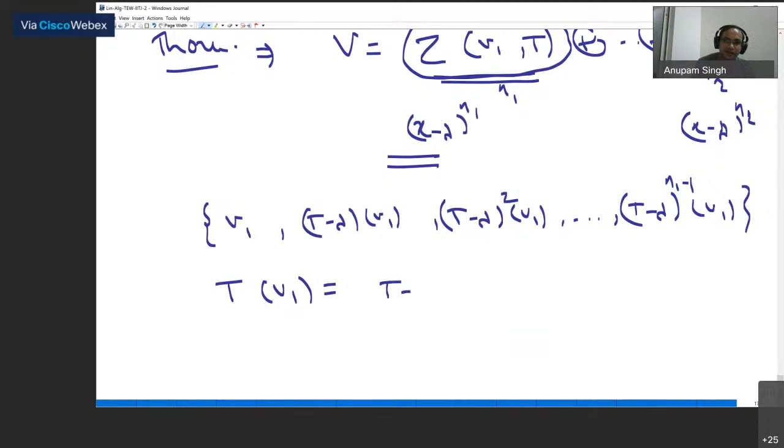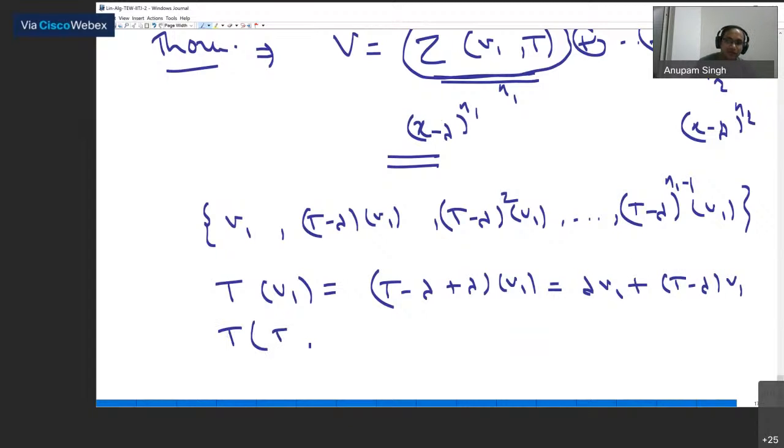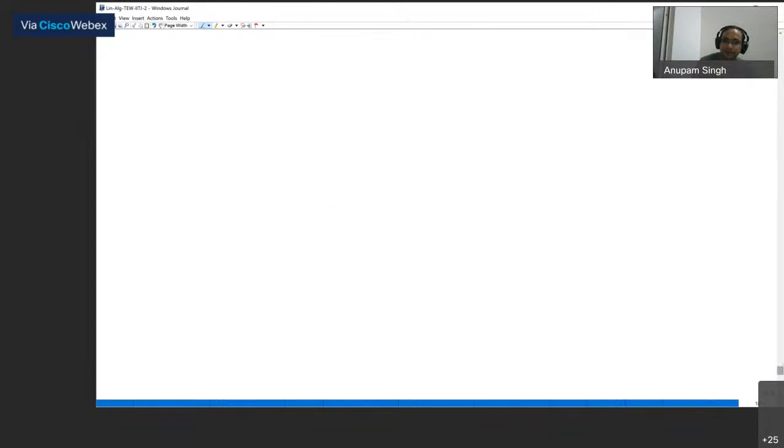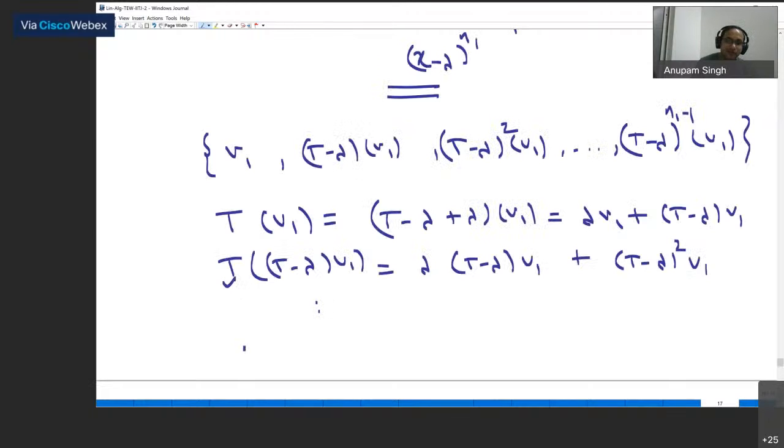So what I do is I write T minus lambda plus lambda of v1, and this will be lambda v1 plus T minus lambda v1. Similarly for the second one, T minus lambda v1, I do the same trick: you get lambda times T minus lambda v1 plus T minus lambda squared v1. This continues until the last one.